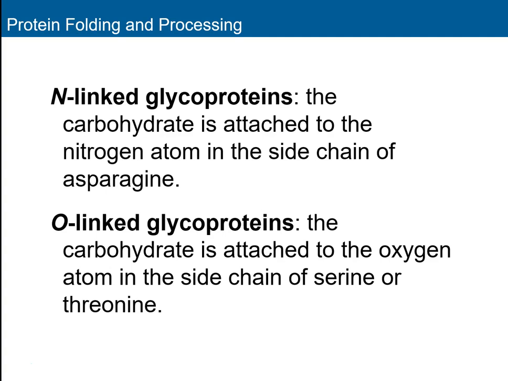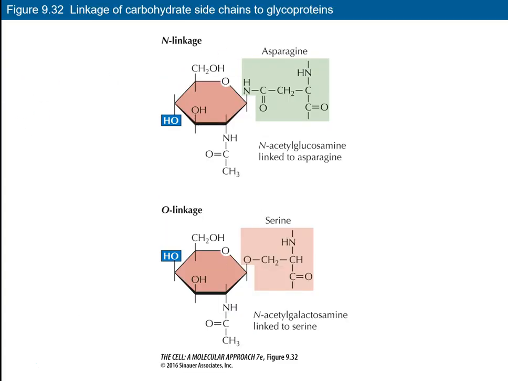O-linked because the carbohydrate is attached to the oxygen on the side chain of serine or threonine. We should know what the difference is between the two, and the name helps with that. This is just showing you there. I probably will not ask you to identify these things from a picture.